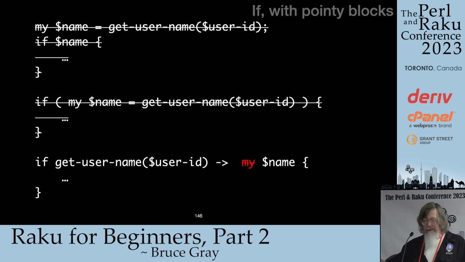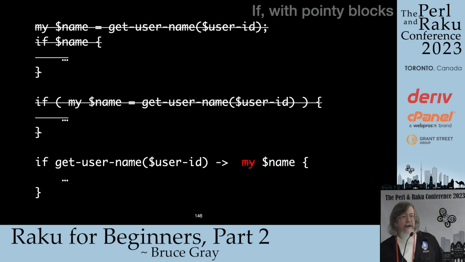Well, you see that my that struck through right there? It is implicitly defined, but it's not an implicitly defined variable. It's an implicitly defined alias. It's a read-only alias, unlike for statements in Perl where you can end up changing your original data.